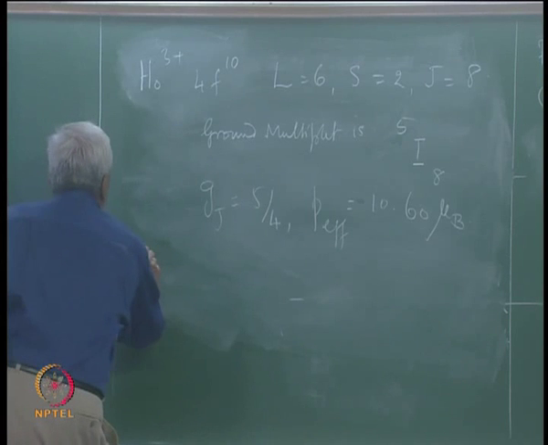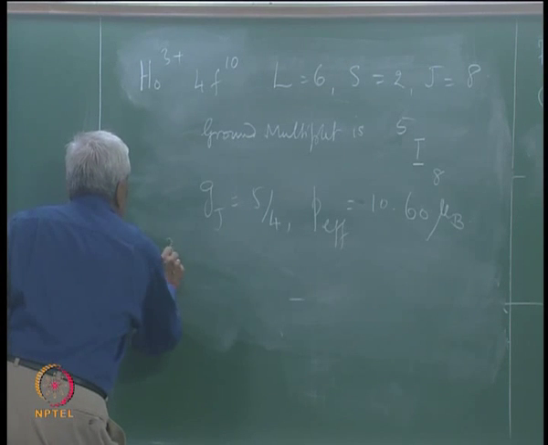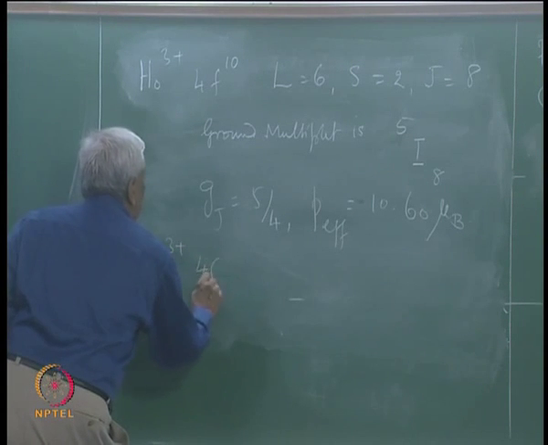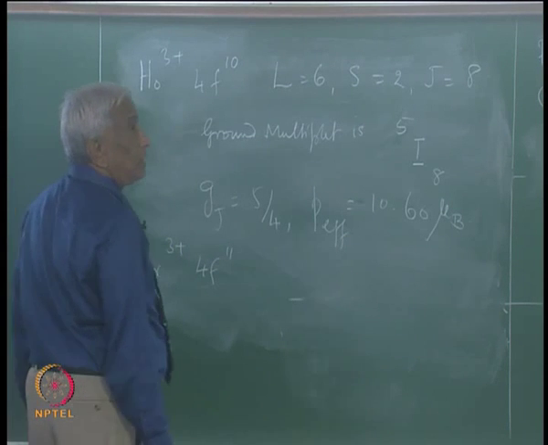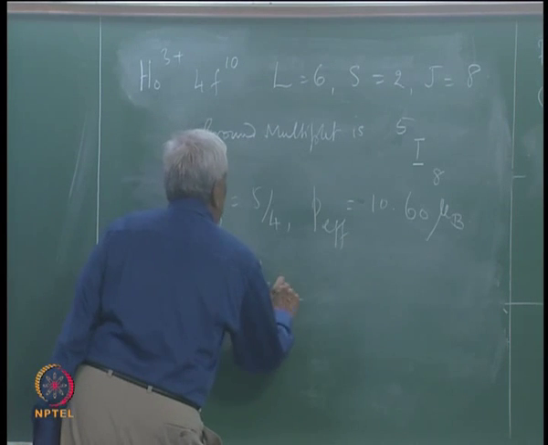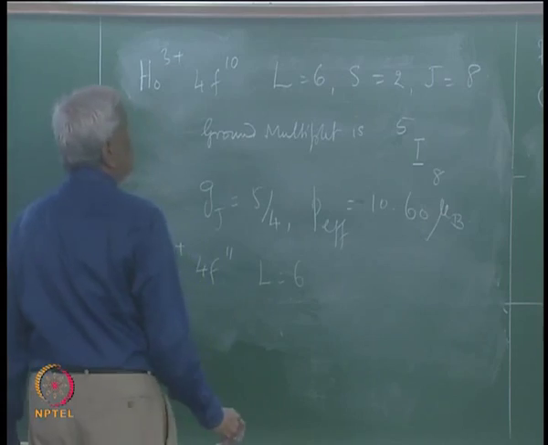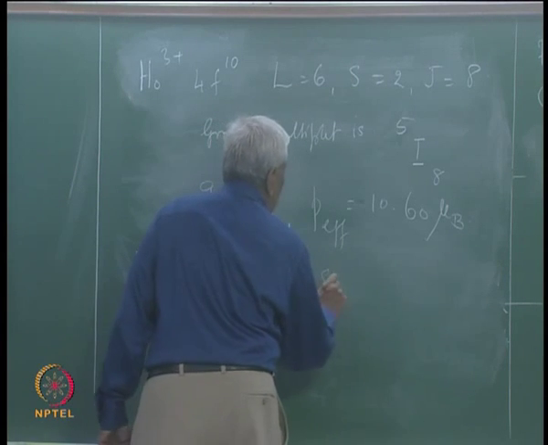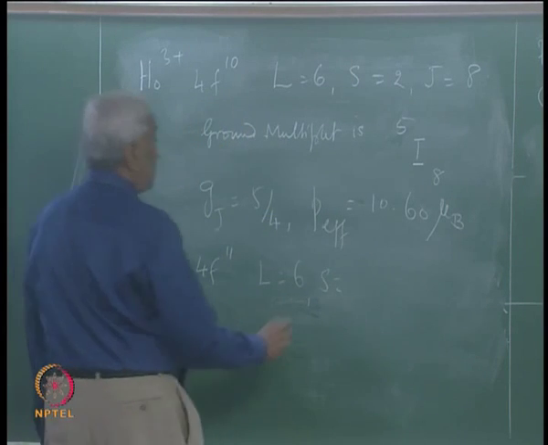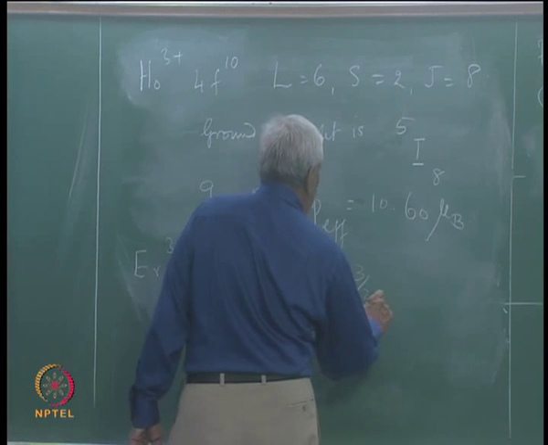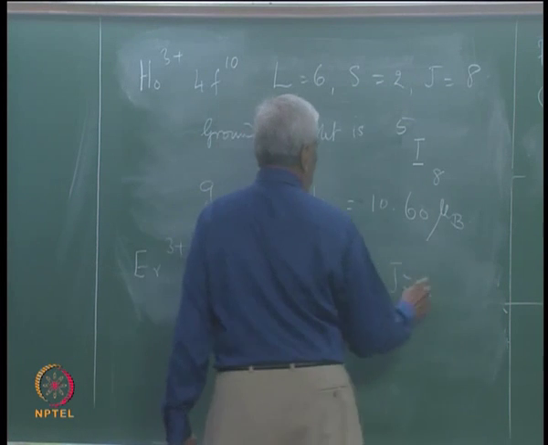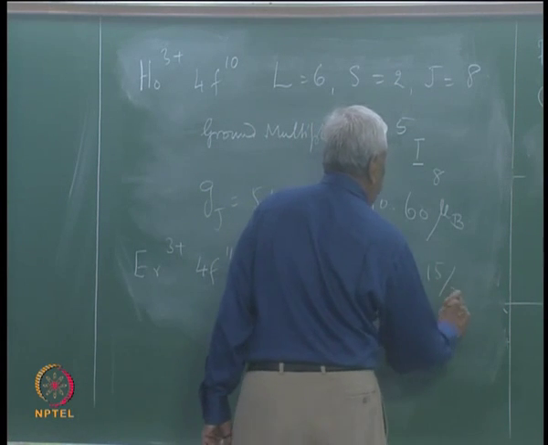Then we have erbium 3 plus, which has 4f11, and the corresponding L value is 6, S is 3 by 2, J is 15 by 2.